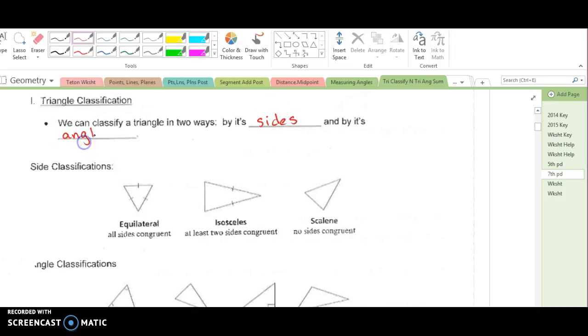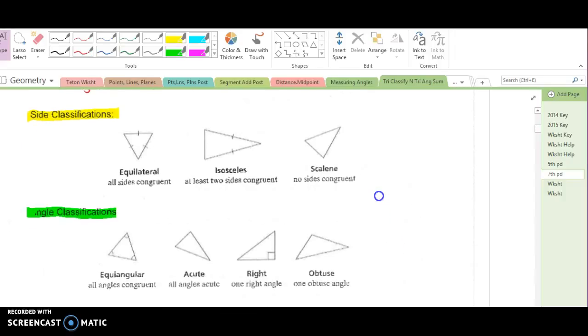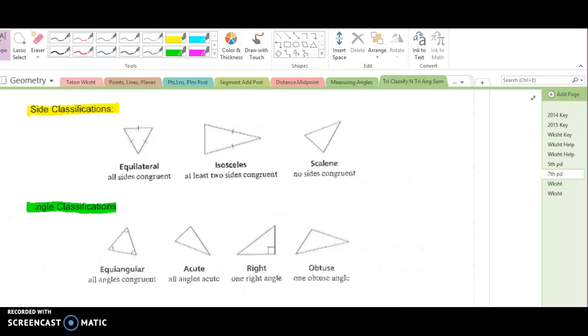So there's two ways to classify triangles: side classifications and angle classifications. And there'll be some occasions today in our examples where you'll get to classify one of each category. So you'll classify a triangle with one name, one classification from the sides, and one from the angles.